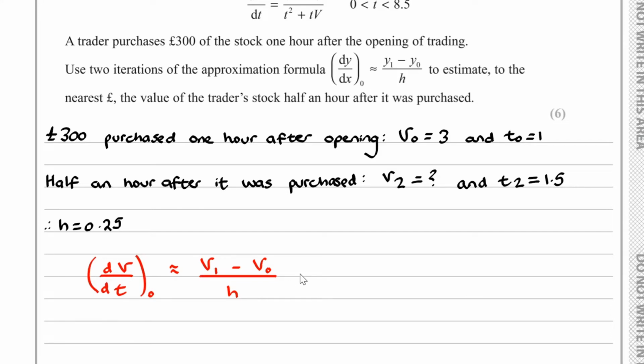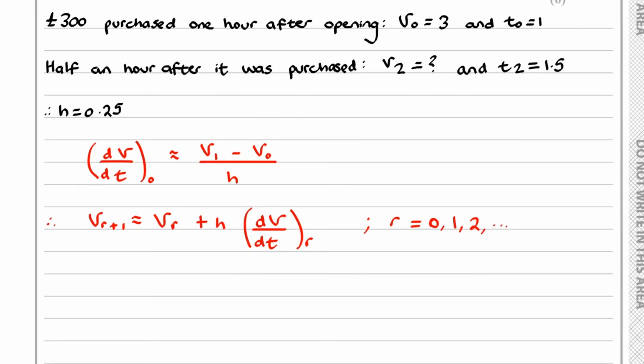And if we rearrange this, we see that v of r plus 1 is approximately v of r plus h lots of dv over dt r, where r is equal to 0, 1, 2, etc. It's a fairly standard thing. So with that, let's now begin to find the value of v2.